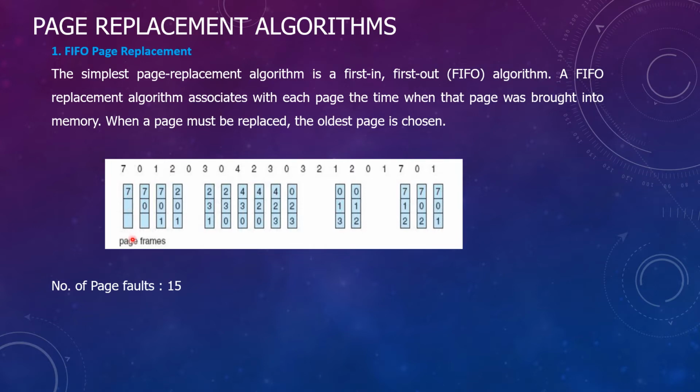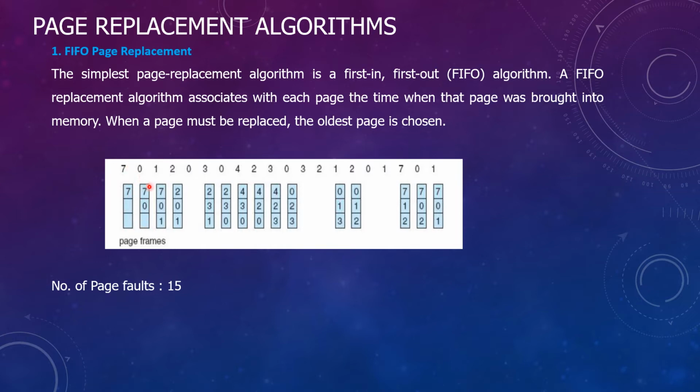There is a page fault because when we want to refer to page number 7, it is not there in the memory. We find the page in the secondary storage and bring it into the memory.